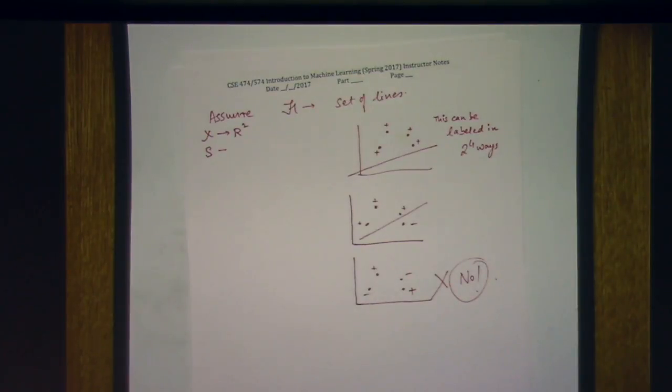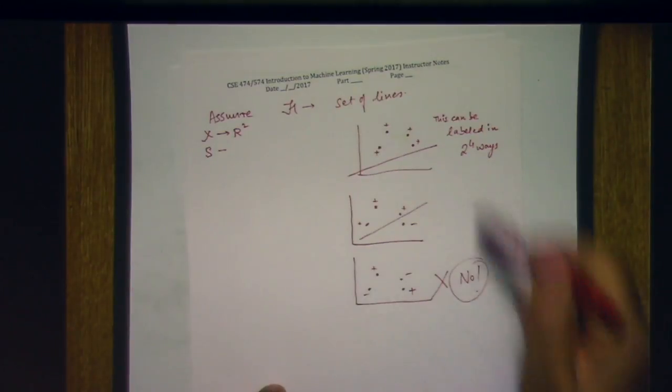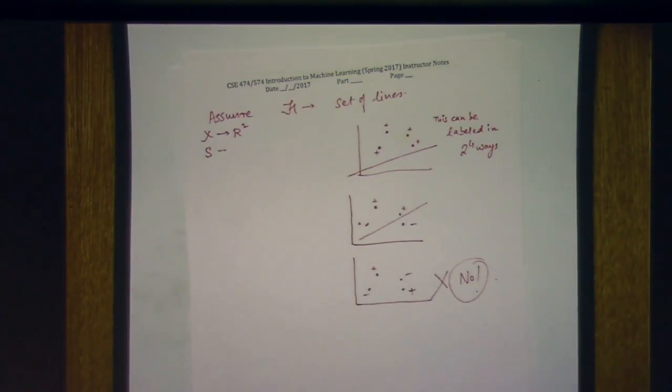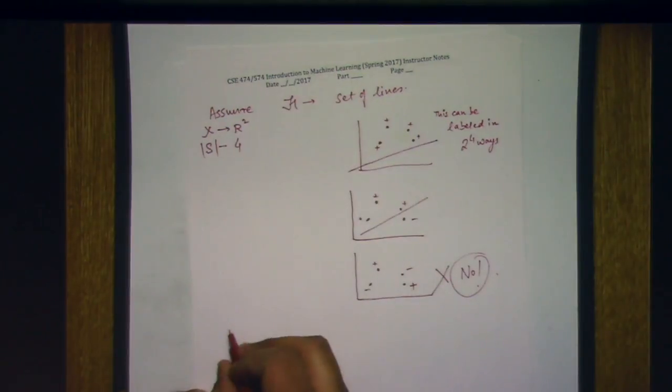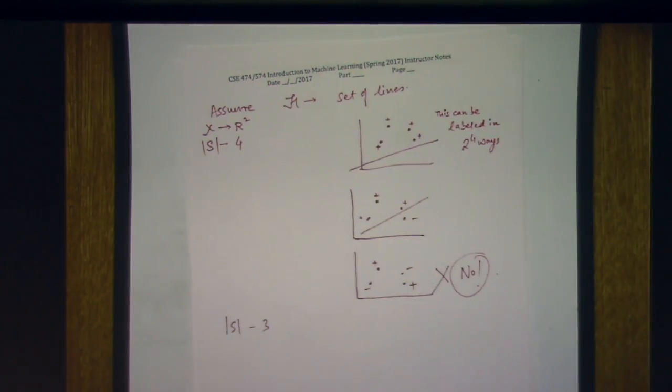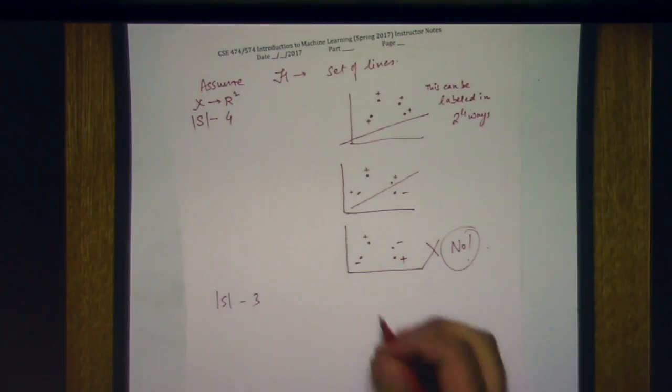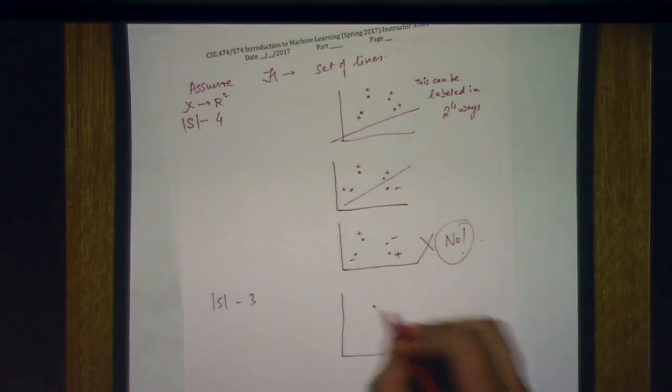So the direction I'm trying to go is that VC dimension tries to see what is the largest sample size for which we can do this. And that defines the complexity, the VC dimension. For example, instead of S being 4, consider S to be 3. So there are only 3 data points, like this.